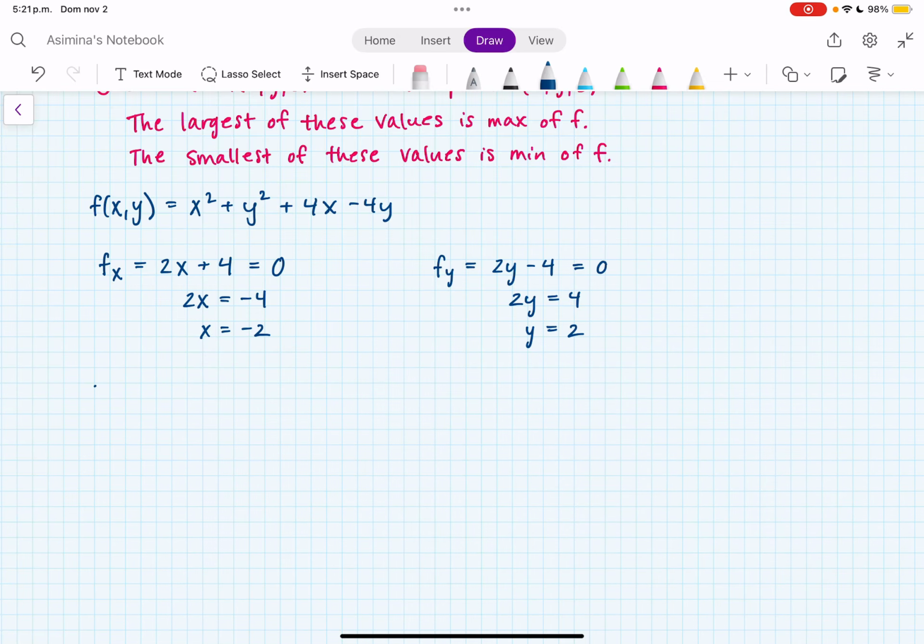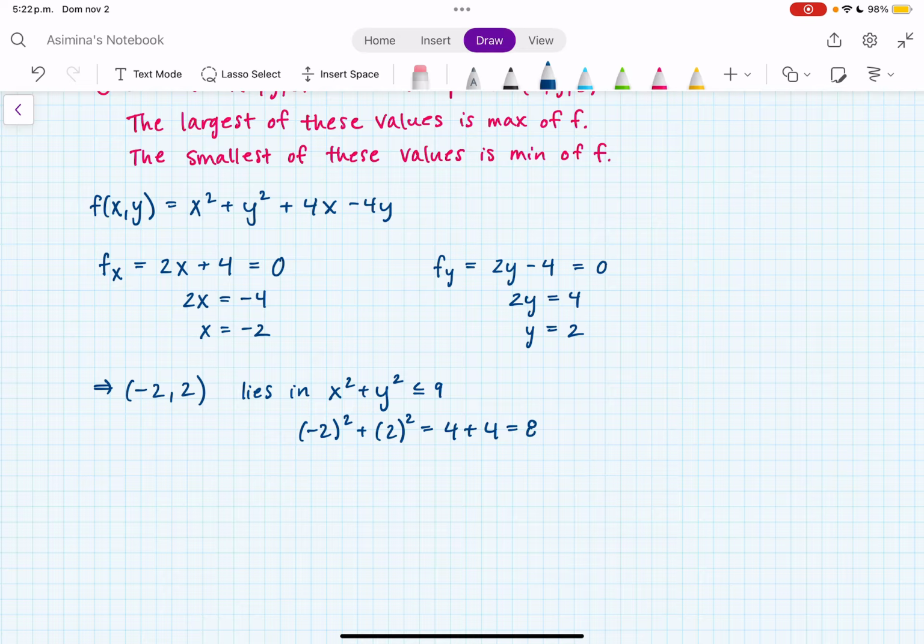This tells us we have the point negative 2, 2, which lies in the region x squared plus y squared is less than or equal to 9. We can check by plugging in the point: negative 2 squared plus 2 squared is 4 plus 4, which is 8, certainly less than or equal to 9. So this is an interior critical point.